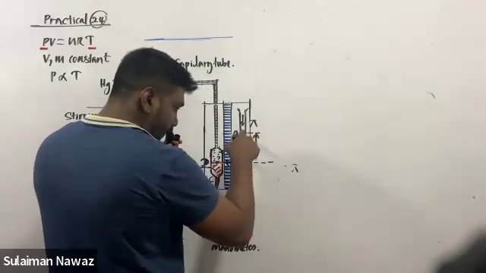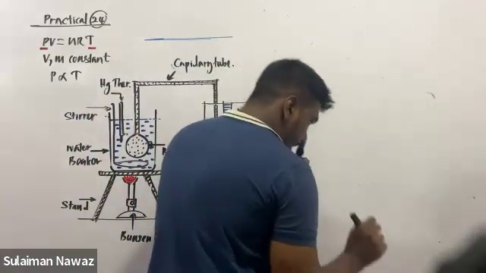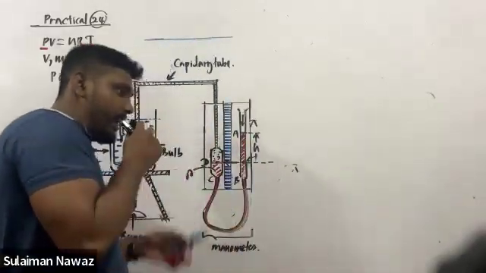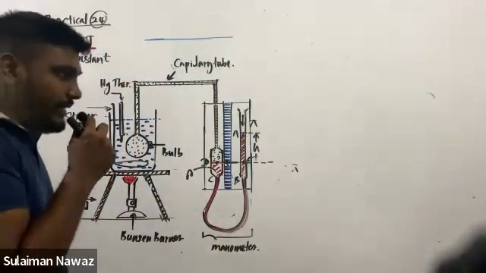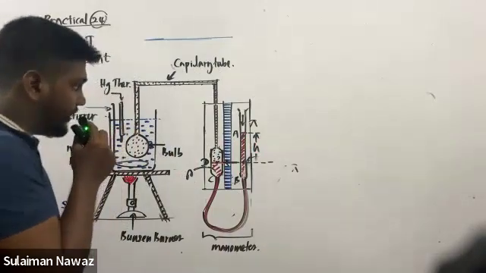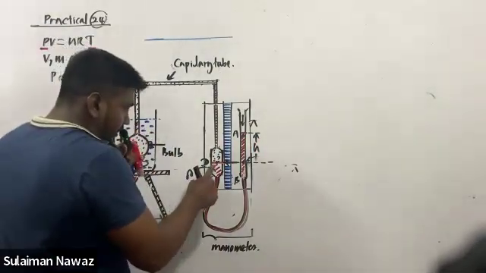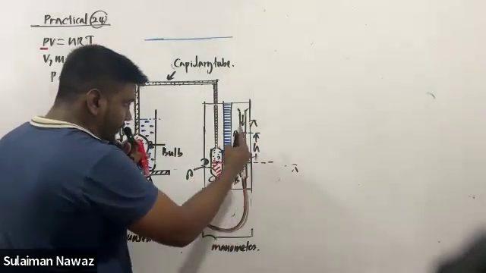Then this is A. So what I told you under methods: after immersing the bulb in water, arrange the tube AB so that the mercury meniscus in CD touches the index tip. Now this tube is filled with mercury.